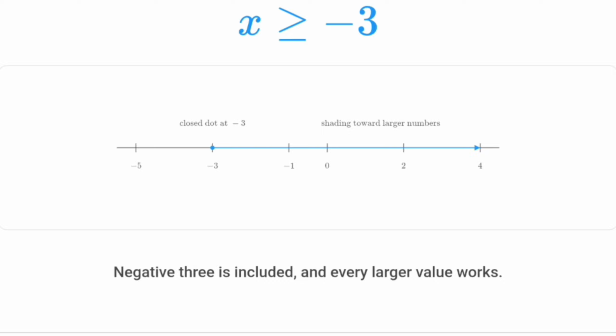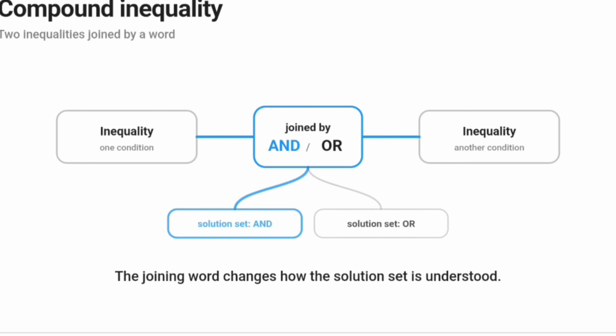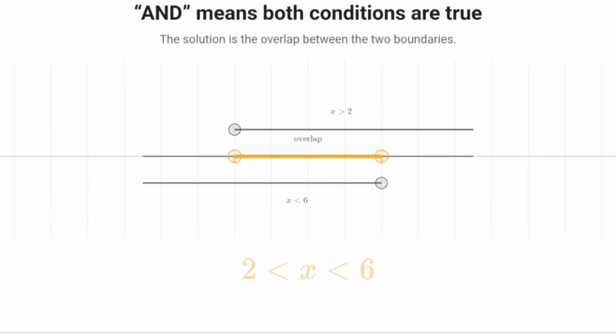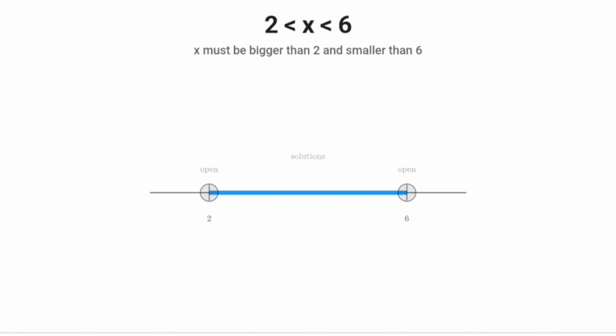A compound inequality joins two inequalities with the word and or the word or, which changes how the solution set is understood. An and compound inequality means both conditions must be true at the same time, so its graph usually becomes the overlap between two boundaries. The statement 2 < x and x < 6 means x must be bigger than 2 and smaller than 6.